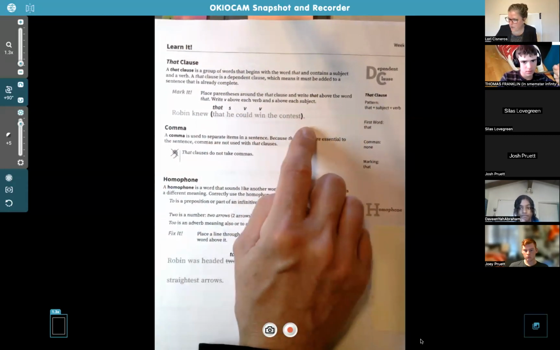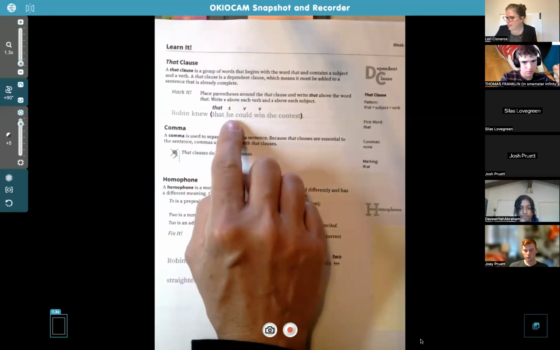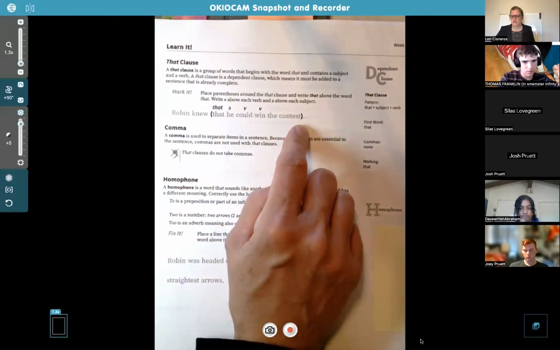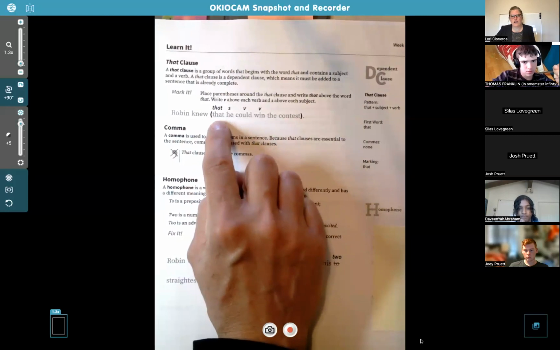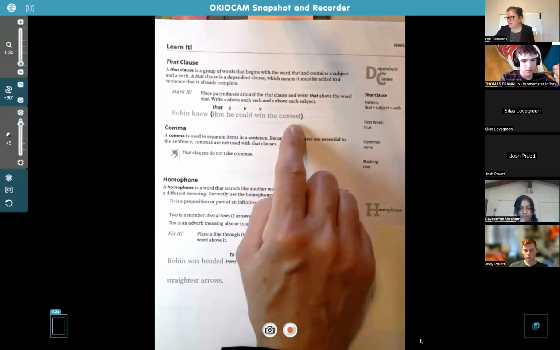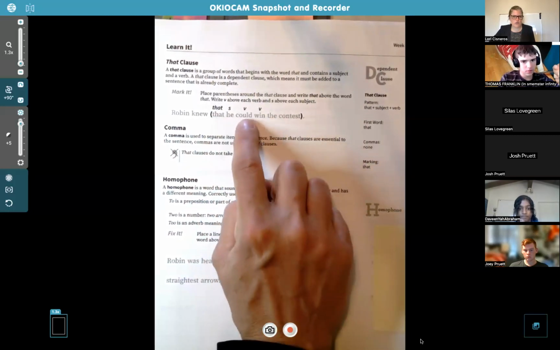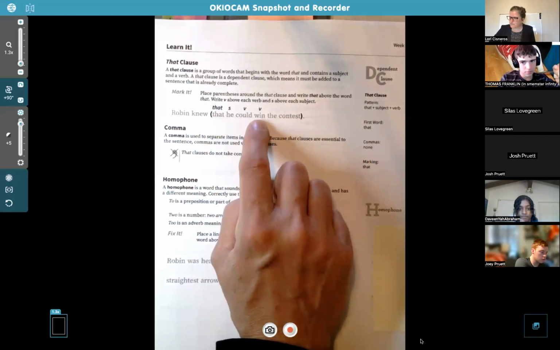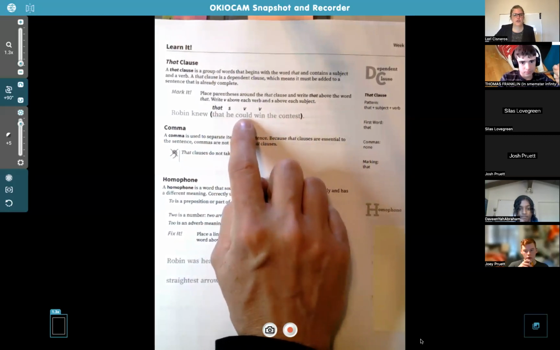Write V above each verb and S above each subject. Here's the example. Robin knew that he could win the contest. Pretty easy to spot the clause. It's right there. It starts with the word that. That he could win the contest is the clause. And then, of course, the verbs. The verb is win. The helping verb is could.